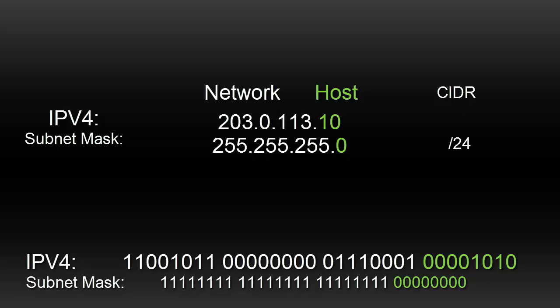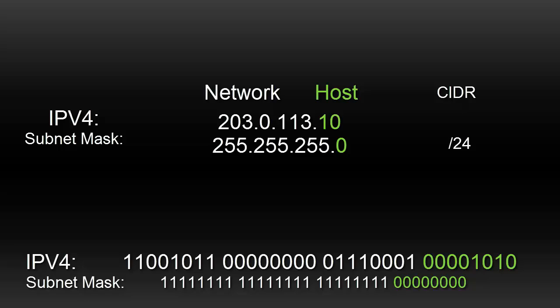Each segment is called an octet. So the 203 is one octet, the 0 is another octet, the 113 is another octet, and the 10 is another octet. And the binaries below, if you really count them, it's 8 bits. It's an octet. Oct means 8.